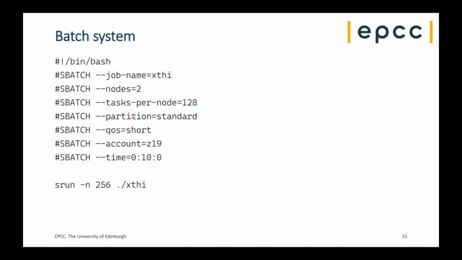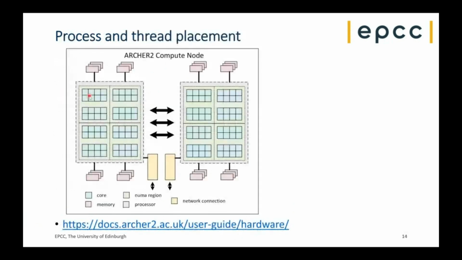So as we've seen before, in some of my other examples I specified 2 nodes, 128 tasks per node, and that will, by default, assign a worker to each core individually, starting at the first core on the first node and going all the way up to the last core on the last node.